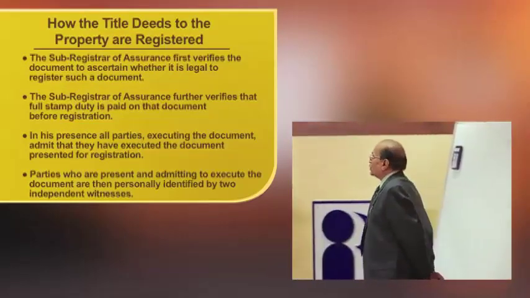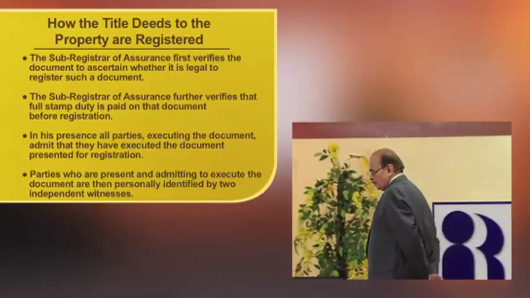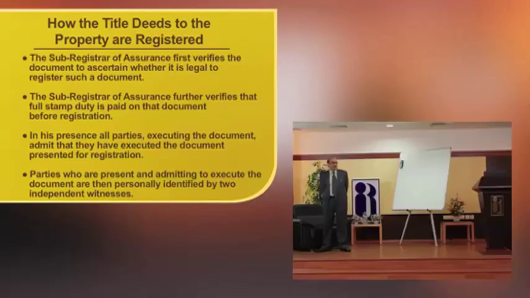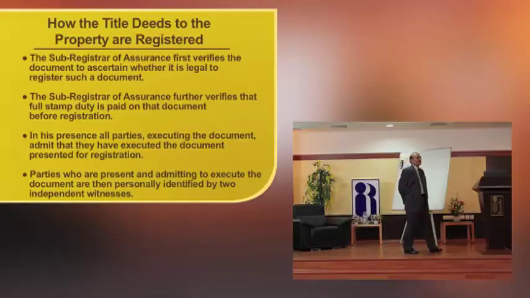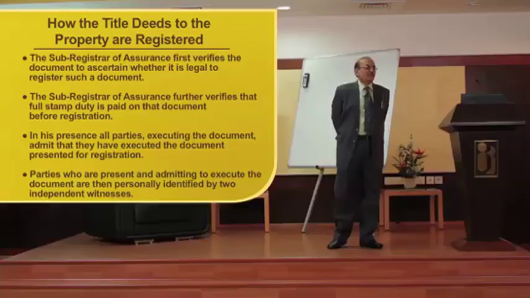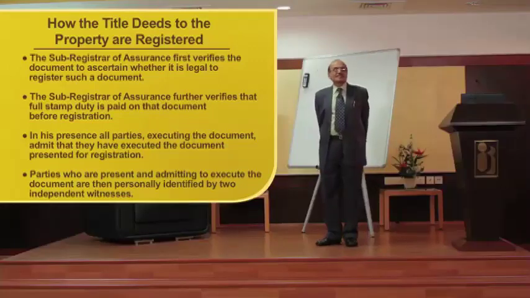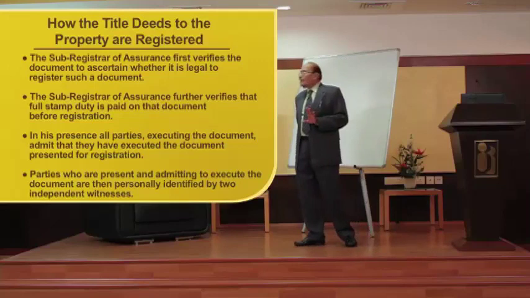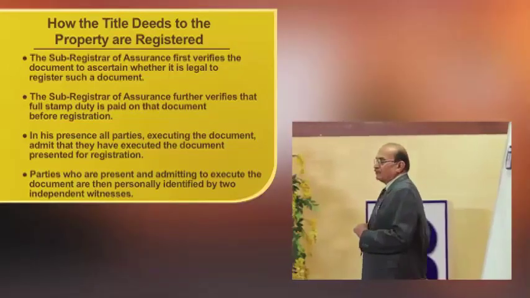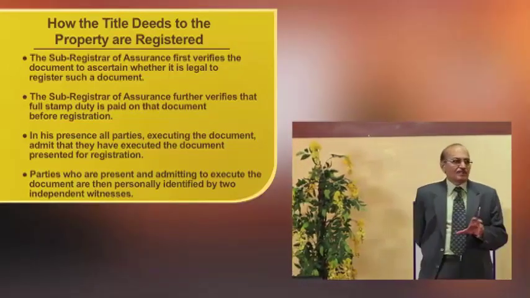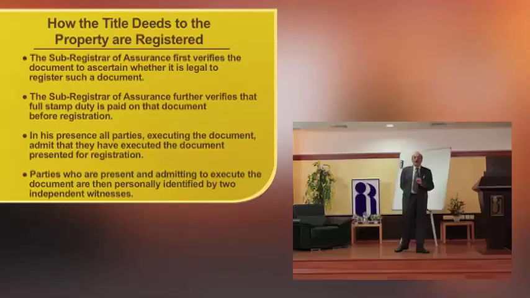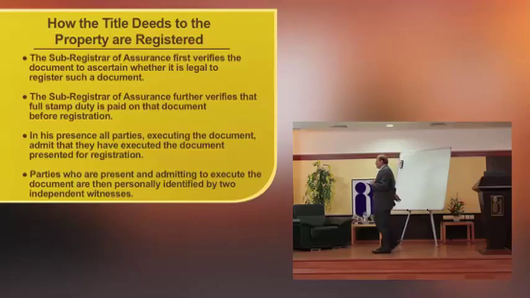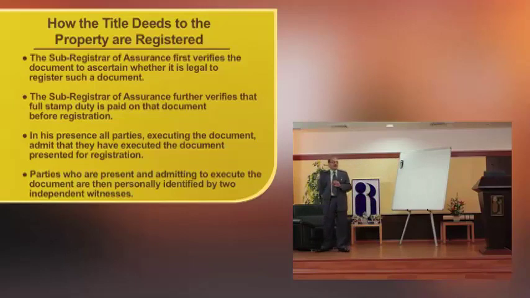How the title deeds are to be registered. This is another important aspect which the banker should know. The sub-registrar of assurances first verifies the document to ascertain whether it is legal to register such document or not. Thereafter, he verifies whether the full stamp duty has been paid or not before registration, and all the parties executing the document admit that they have executed the document for registration.